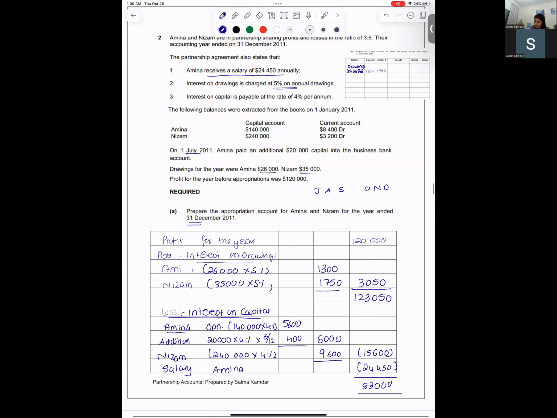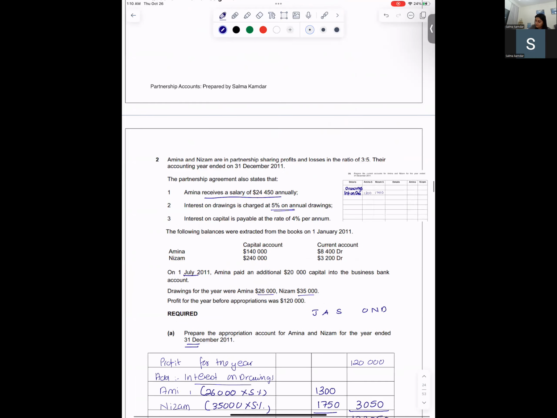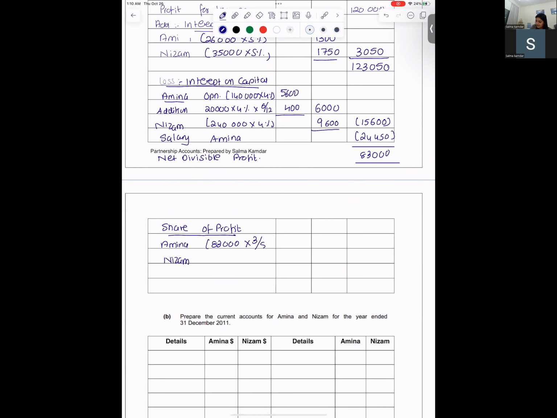We could say this is residual profit, or I can say it is net divisible profit. This same profit I'm going to share between Amina and Nizam. So I will write share of profit, Amina and Nizam. 83,000 would be split in the ratio of 3:5, so into 3/8 and 5 by 8.